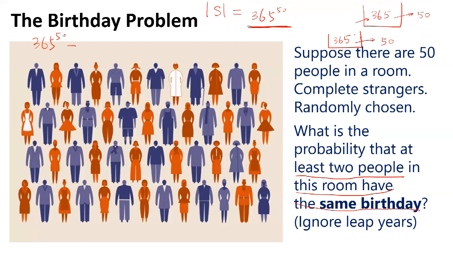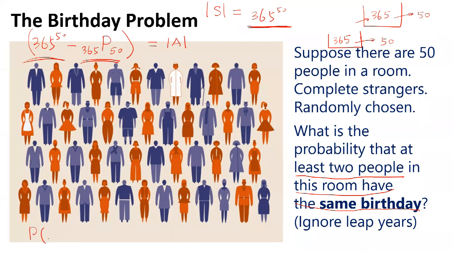So if no people share the same birthday, the number is P(365,50), right? So we use the total number of methods subtracted by the methods in which there is no shared birthday. That means this number here is the total number of cases in which at least 2 people in this room have the same birthday, right? So this is the number of sample points in this event.